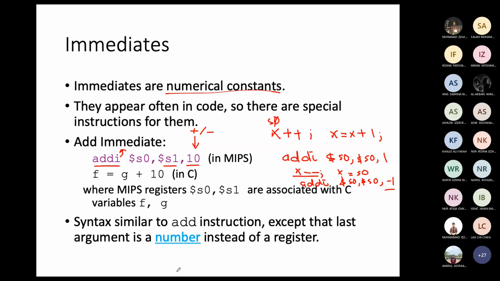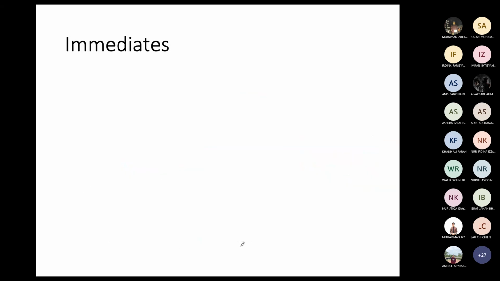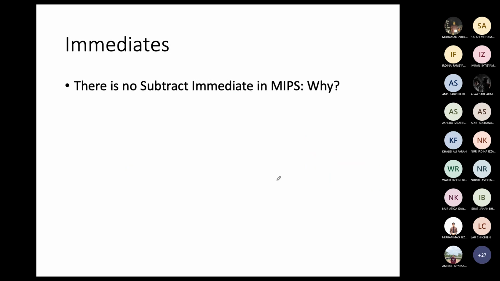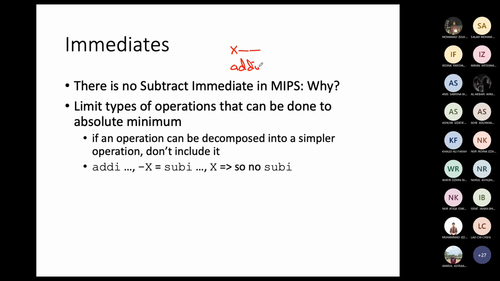The syntax is similar to the add instruction, except that the last source is a number instead of a register. As you can see, when I subtract, I still use the command ADDI, because the immediate can accept negative numbers.